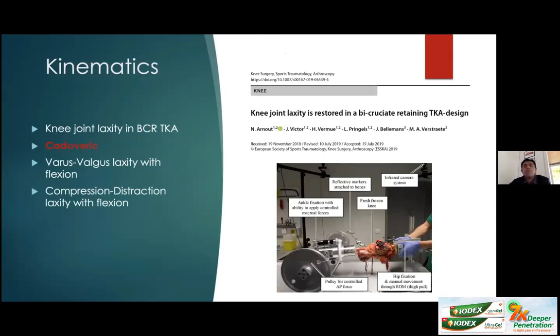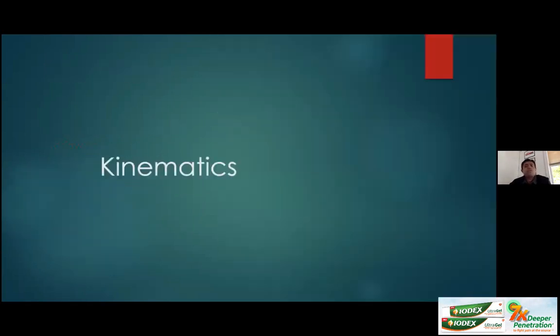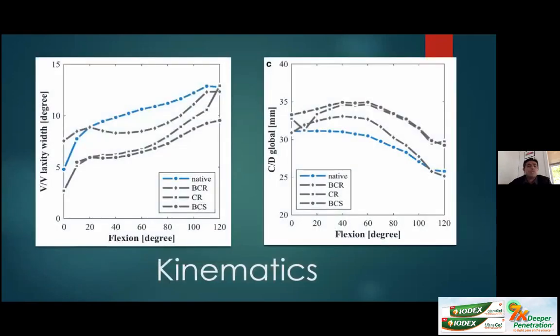This is a study from Belgium in which there was a cadaveric model in which they looked at varus valgus laxity with flexion and compression distraction laxity also with flexion. What they found, the blue line is the native knee, and the diamond is the bicruciate retaining knee.